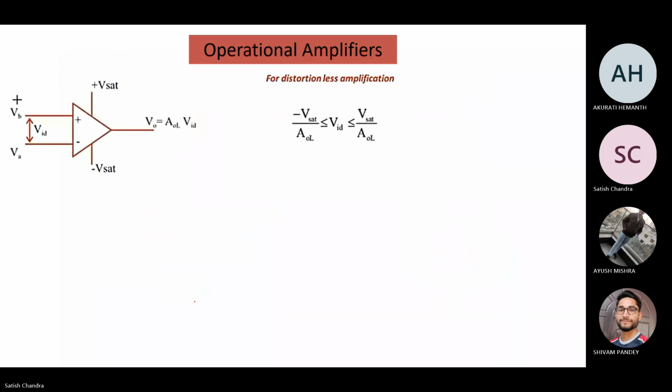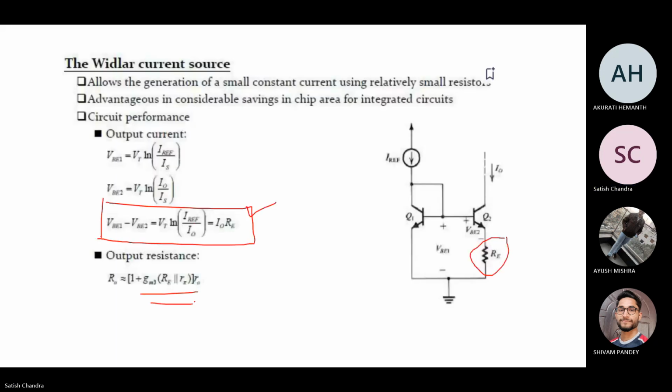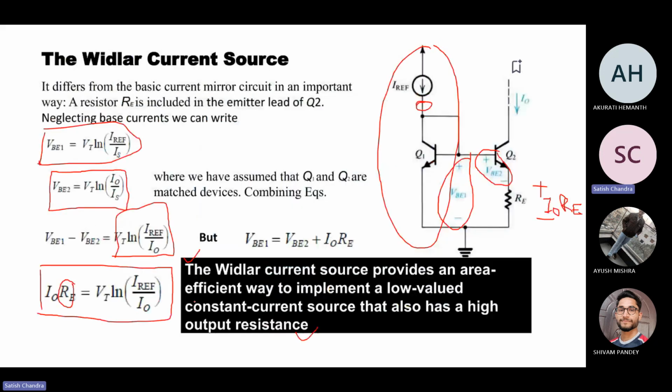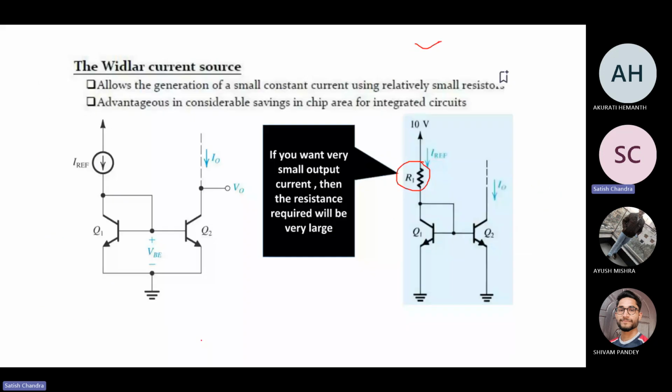So I think this is all about the current mirrors. I'm thinking to pause here, up to the current mirror, because next I'm going to look at the current referencing and voltage referencing type of circuits, which I'm going to cover later.